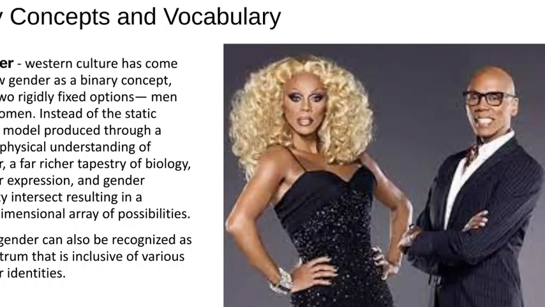Meaning, basically, instead of worrying about how someone is physically a man or a woman, you have to understand that those concepts are so much more than just biology. Gender is an expression, gender is an identity, and the more you look at someone's gender, the more complicated you realize the issue is. Thus, gender can be recognized as a spectrum that is inclusive of various gender identities. There's a lot of ways to express your gender, and it's always evolving.